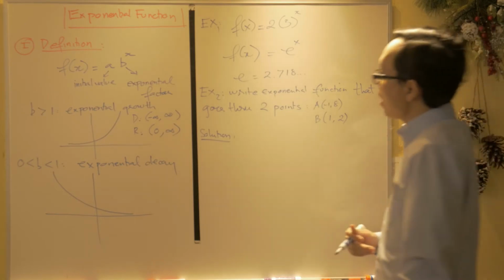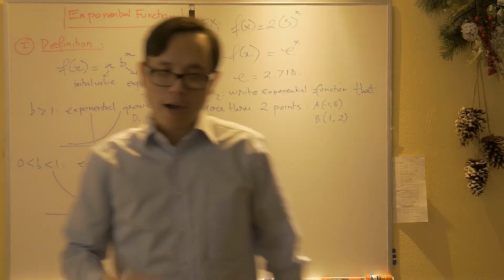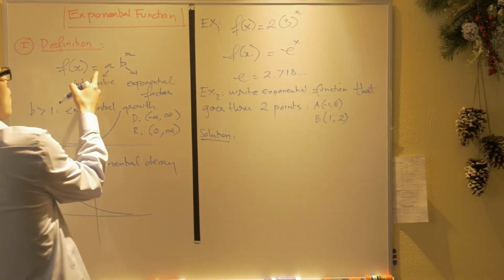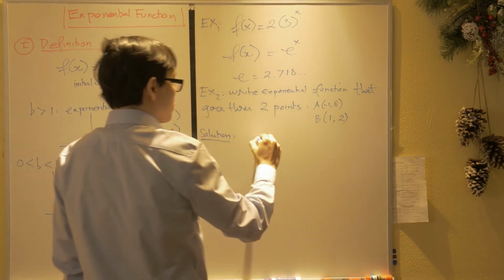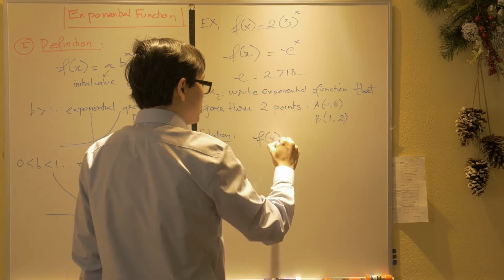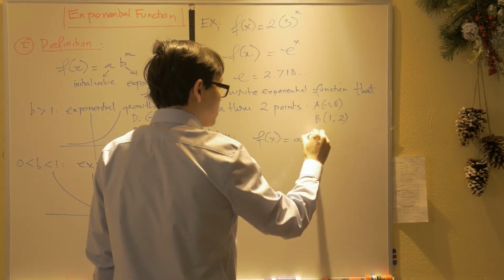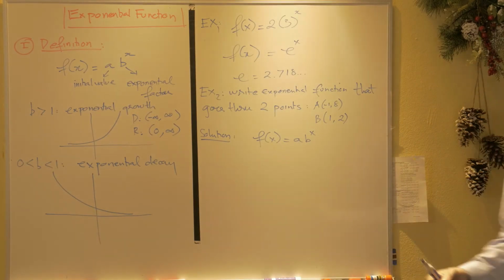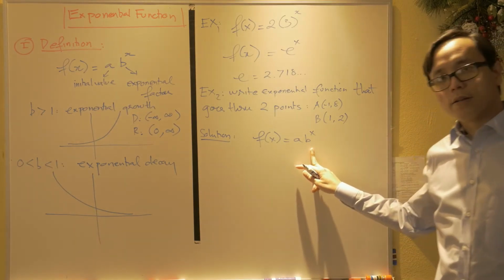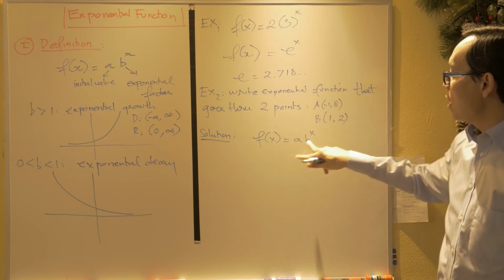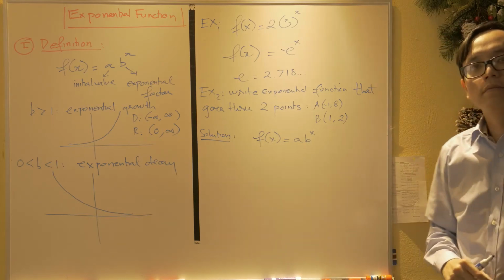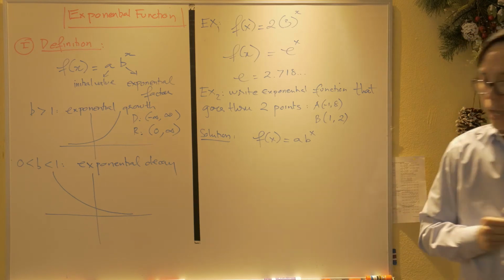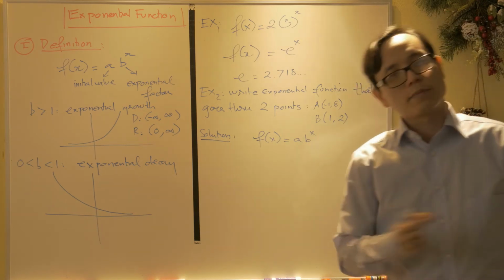In order to write a function, the first step you have to write out is this general form. So in this case, you have to write out f of x equal to a b to the x. Then you find the a value and the b value, you plug into this formula and you successfully get the exponential function.